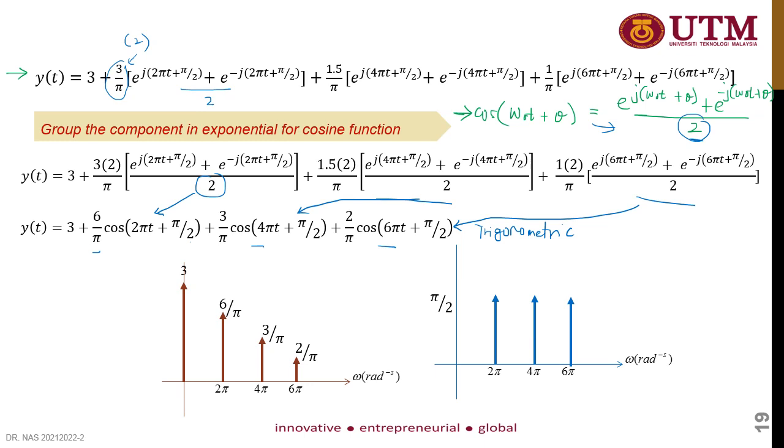This is your C0, and then you have your first spectrum at positive 2 pi, and at 2 pi the phase is positive pi over 2. Same goes for the second and the third one.